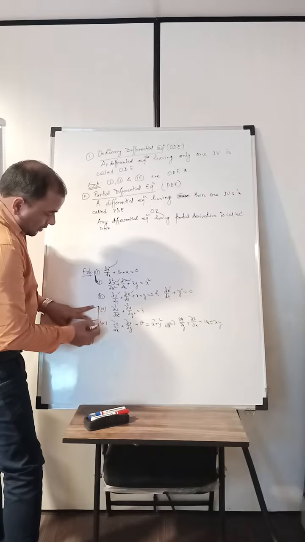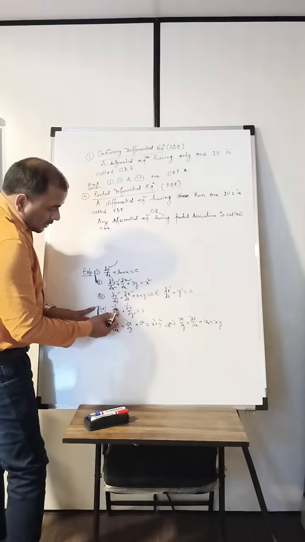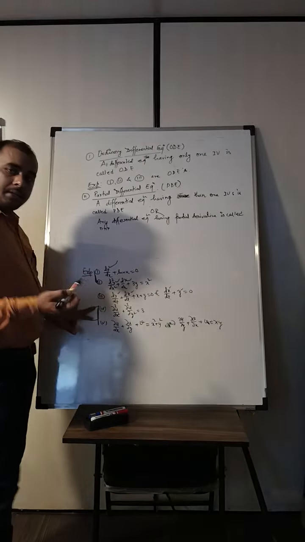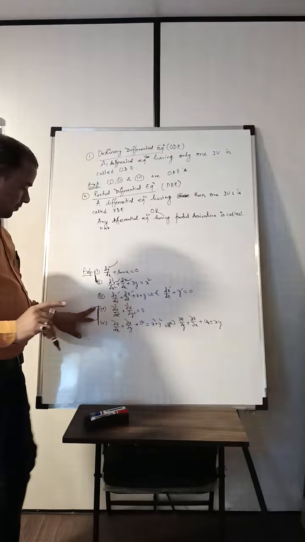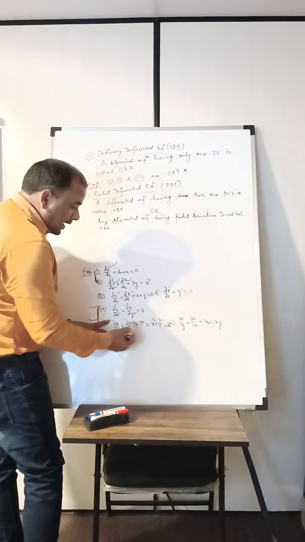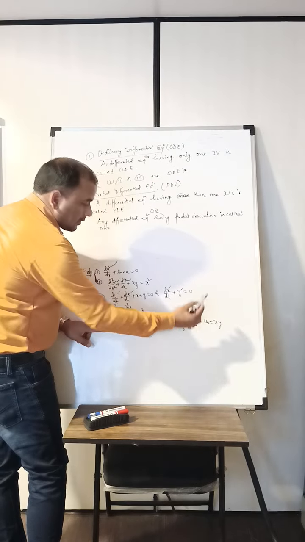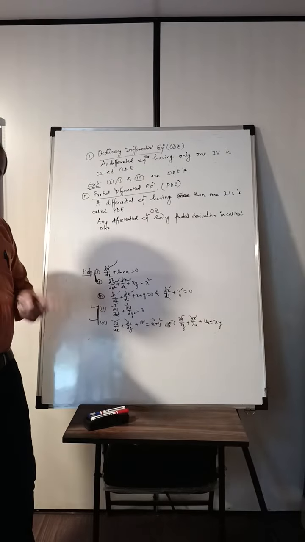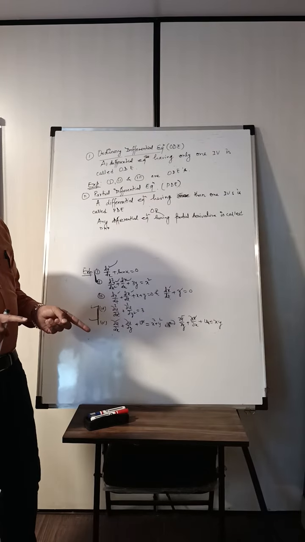In these two equations, here u is one dependent variable, and here u and v are two dependent variables.